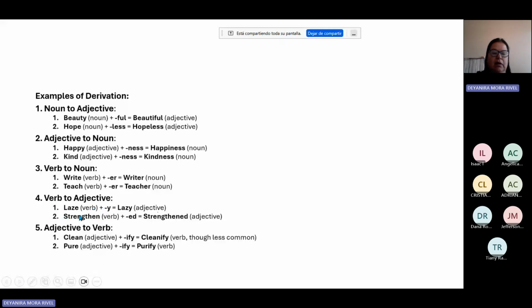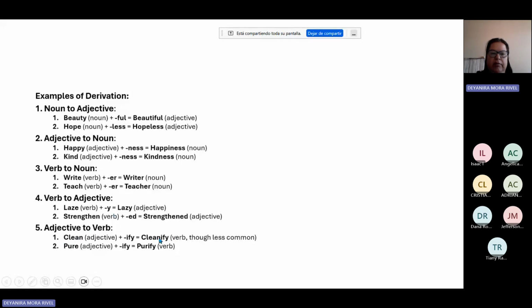Strengthen as an adjective. So strengthen, verb, strengthened, adjective. So we did this by adding ed, right? Because ed is also an ending for adjectives. Clean and cleanify, okay?